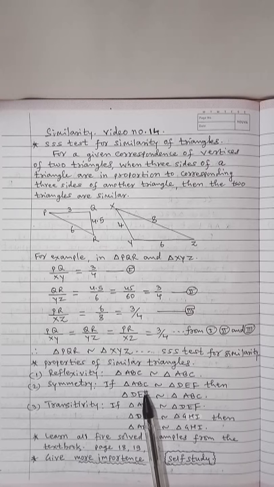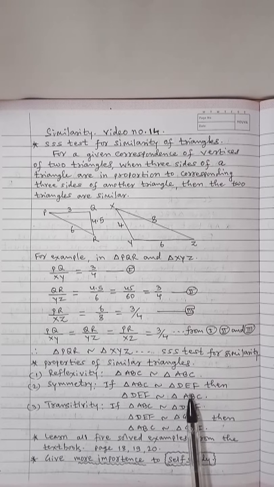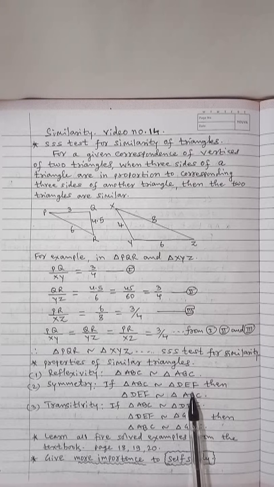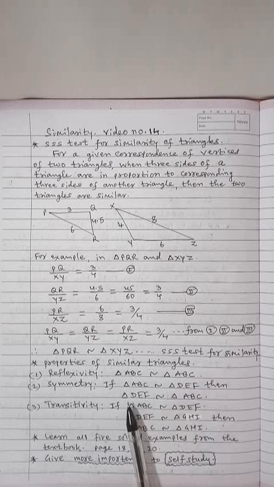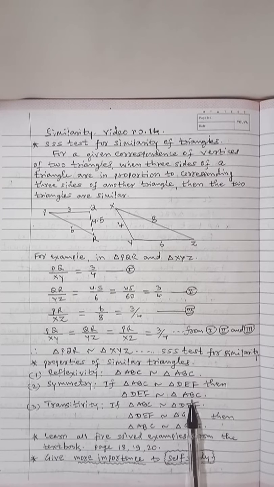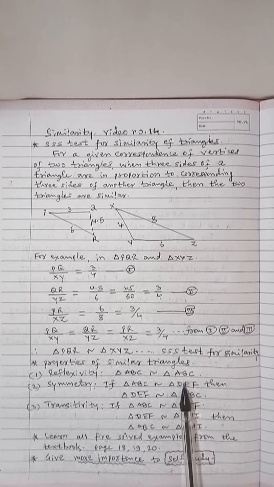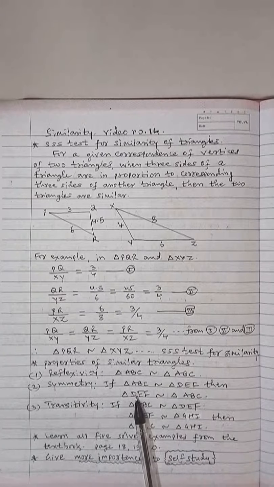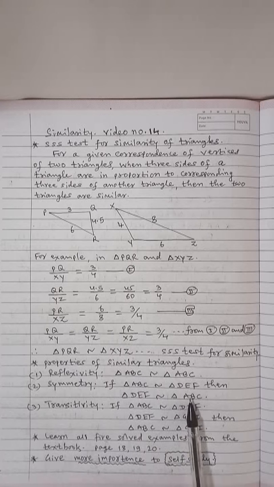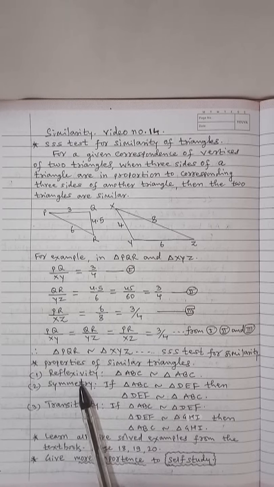If triangle ABC is similar to triangle DEF, then triangle DEF is similar to triangle ABC. This is symmetry.